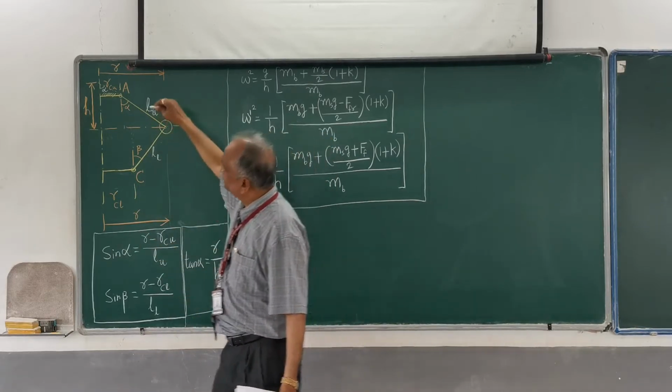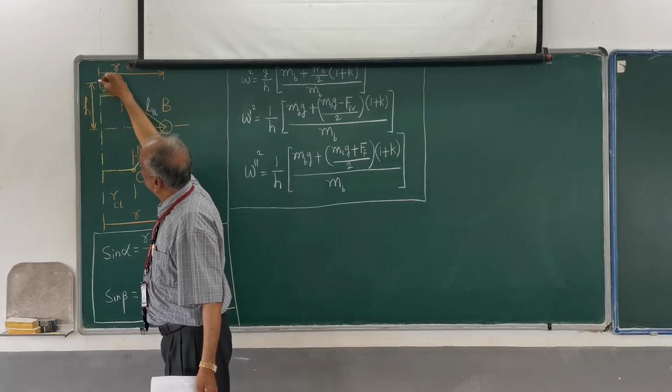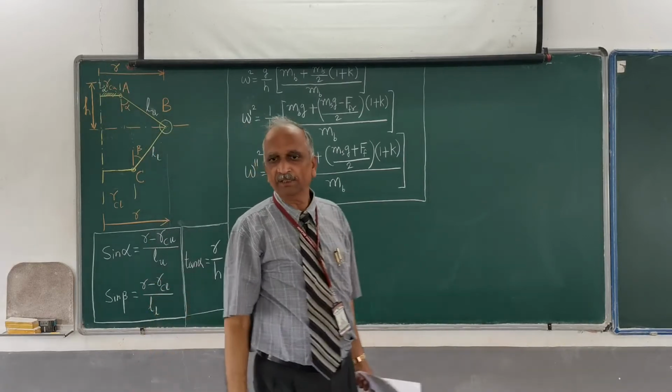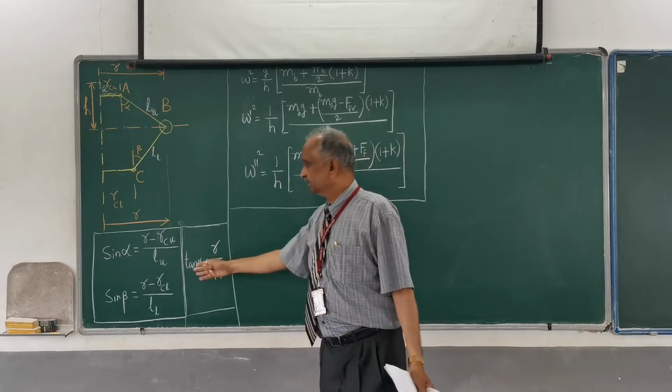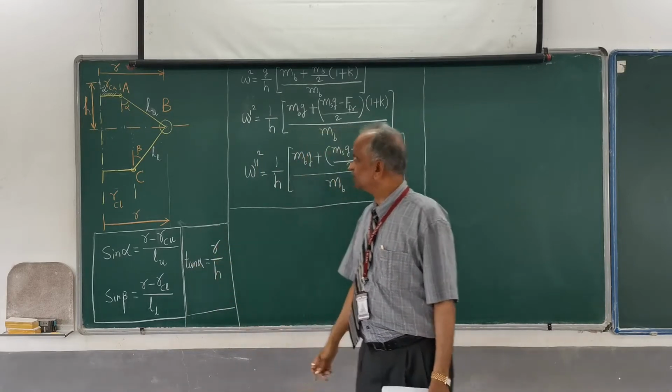And if I extend the upper arm till it intersects the spindle axis, this distance, as you all know, is the height of the governor, and tan alpha is equal to r divided by h.